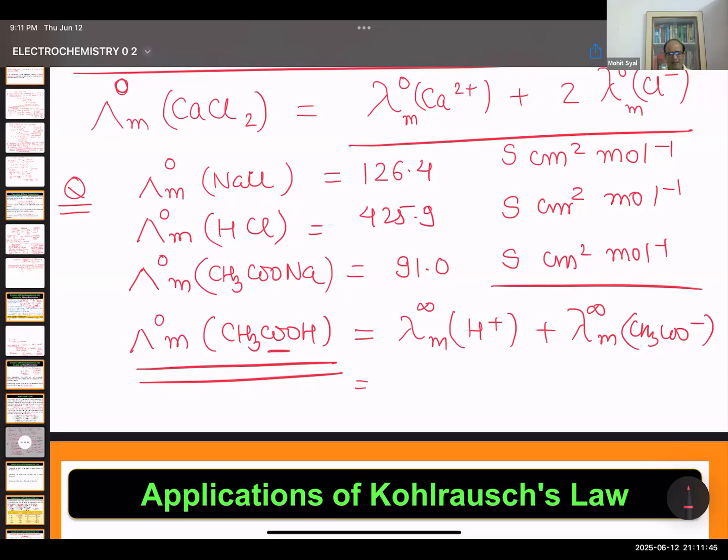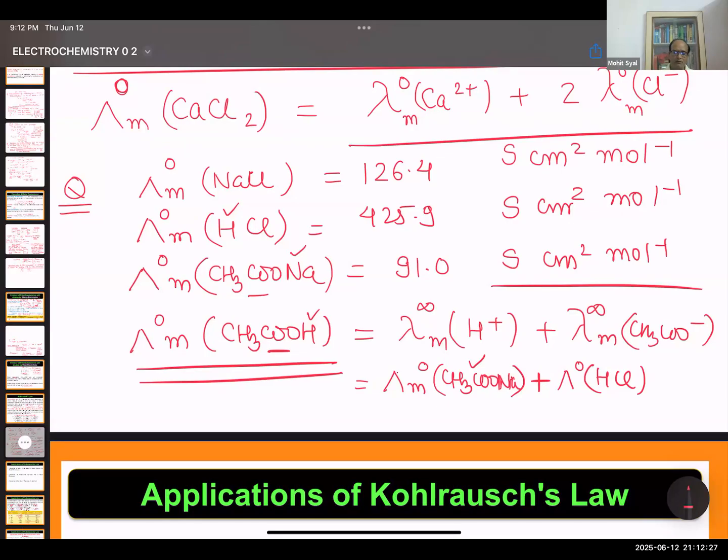We need acetate ion. So let's write this. We need H plus ion. H plus ion is there in this compound. So let's add this also. We need acetate ion, so I should write this sodium acetate.